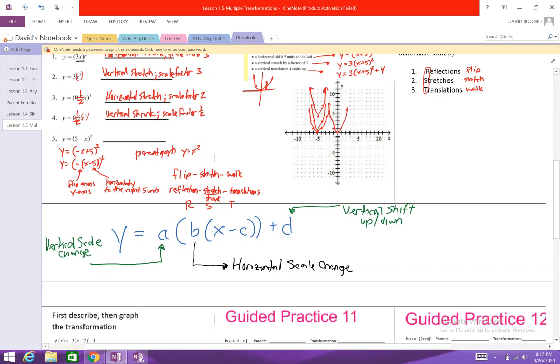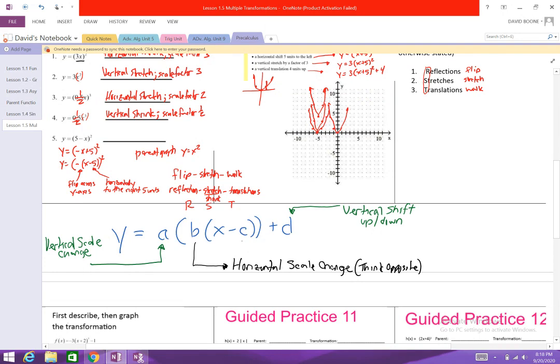But because it's inside the parentheses, I want you to think opposite. So if that was a 3, you think 3 is a number above 1, we'd be making things bigger. But think opposite. If that number was 3, that'd be a horizontal squish by 1/3. So we think of that reciprocal.